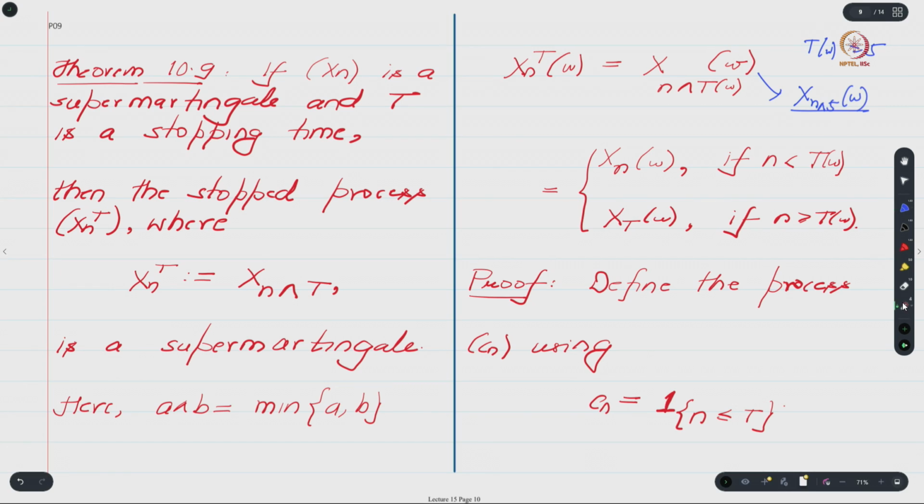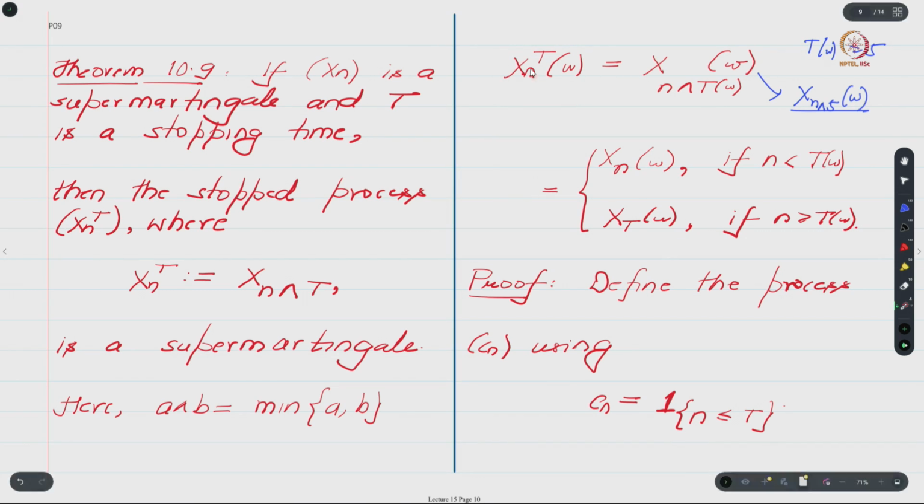So we can understand this value for different values of n now, and one can immediately see that if n is less than or equal to T of omega, then the min will basically be n, hence this value will equal this value. On the other hand, if n is greater than or equal to T of omega, then this value will equal this. Now if T of omega is 5, then for every n which is bigger than or equal to 5, your X_{n∧T} of omega will equal X5 of omega.